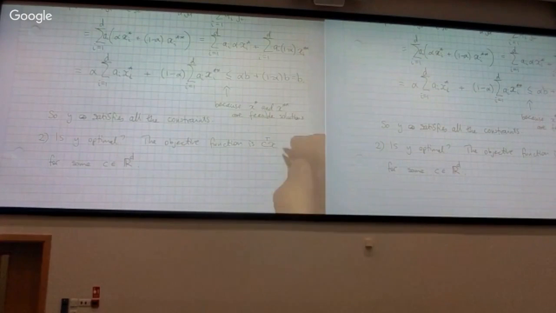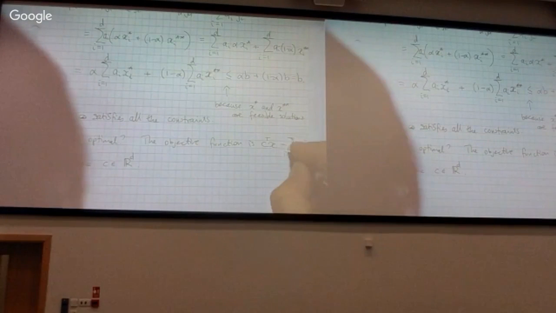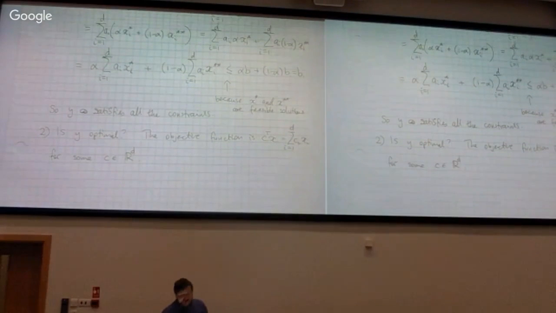So Cx in fact is the sum of Ci, Xi, the scalar product of C and X. So that's the objective function of the vector. I don't know what it is, but it doesn't matter what it is exactly. It is linear like that.